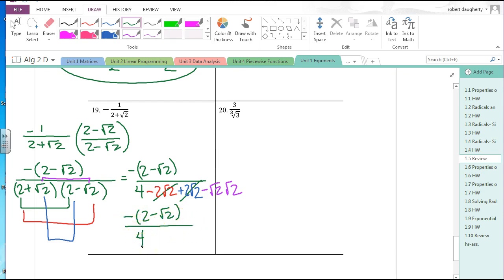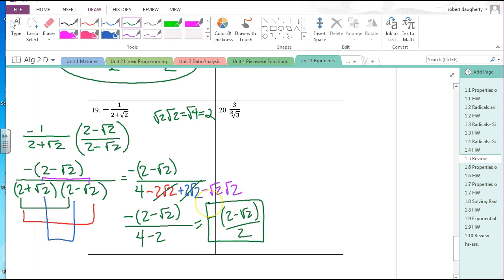And then the square root of 2 times the square root of 2. So remember, square root of 2 times square root of 2 is the same as the square root of 4. That is 2. So on the bottom, I get 4 minus 2. So I get negative 2 minus root 2 over 2. That's one way of writing your answer.